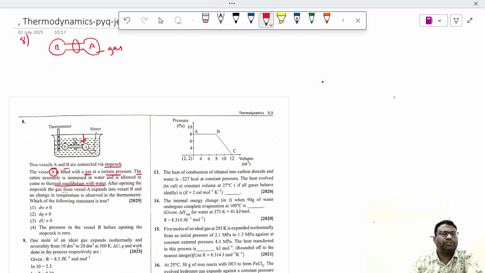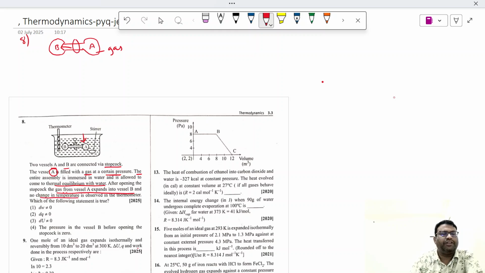After opening the stopcock, the gas from vessel A expands into vessel B. What is there in B, he did not mention, but in the question it is mentioned that after opening this, the gas present in vessel A has moved into vessel B. And there is no change in the temperature.